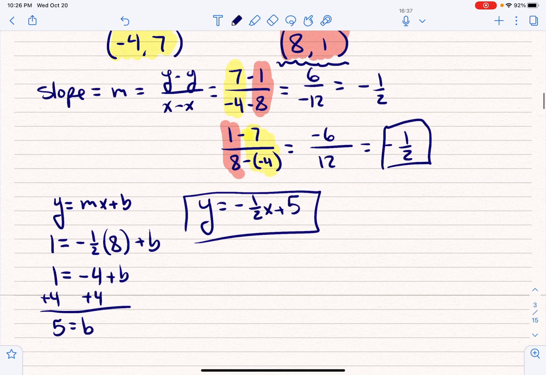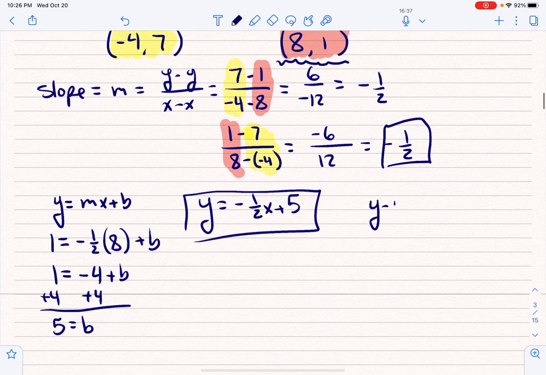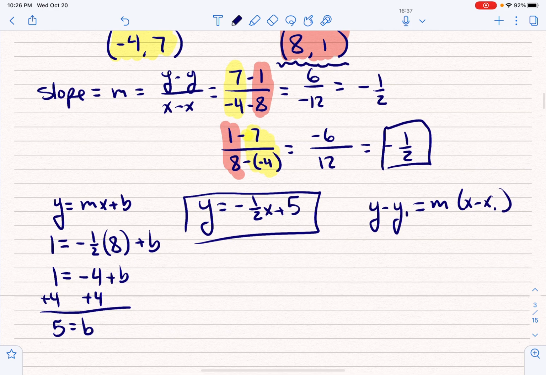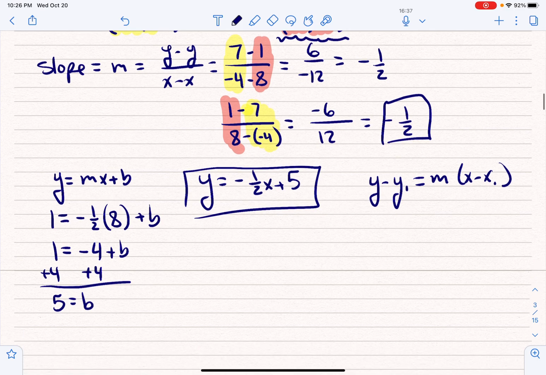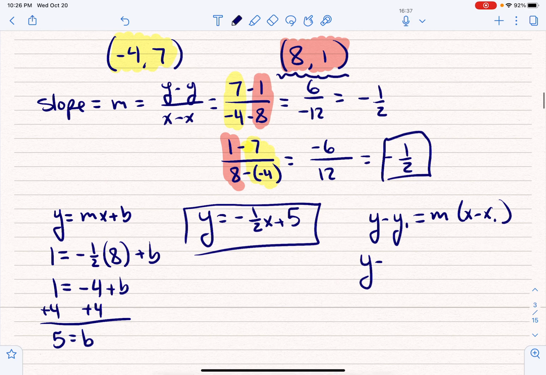But some people prefer the point-slope method. I actually do. It's okay if you don't like this method, but this is the way I've always done it, and we'll kind of always lean towards that way. So I would say y minus the y value, which was 1 if I'm using the point highlighted in red, equals my slope, -1/2, times x minus the x value of 8.